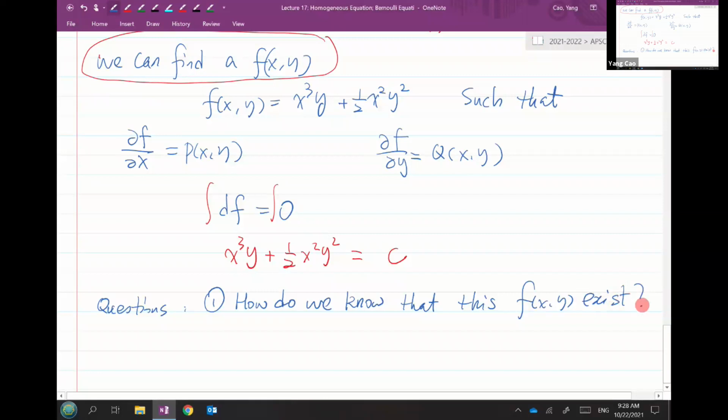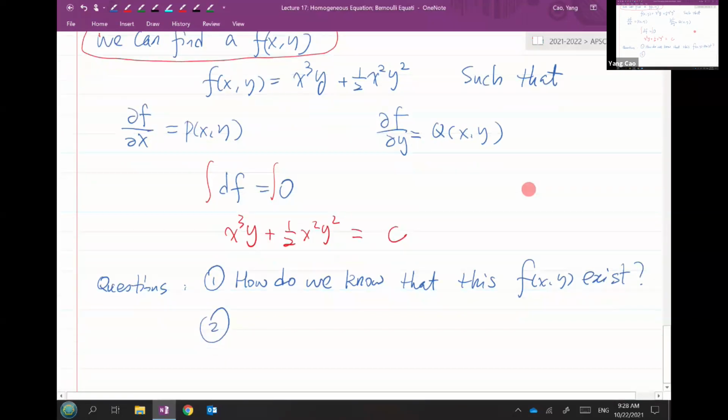So basically, how do you know you have a function so that its total differential actually gives you the whole left side of the differential equation? And the second question is, assuming f of x,y exists, then how do I get that function f?